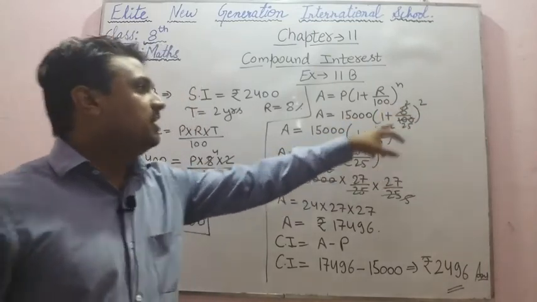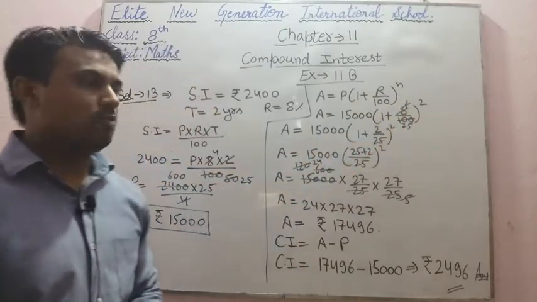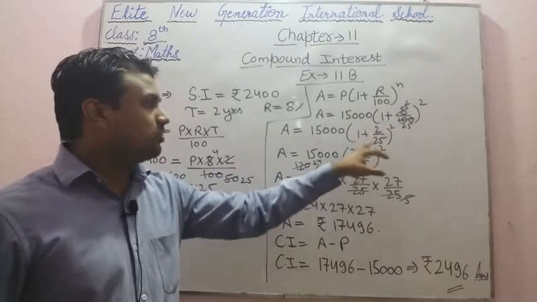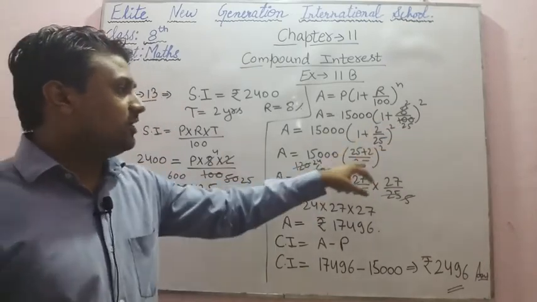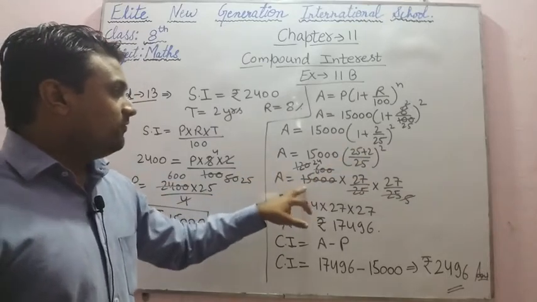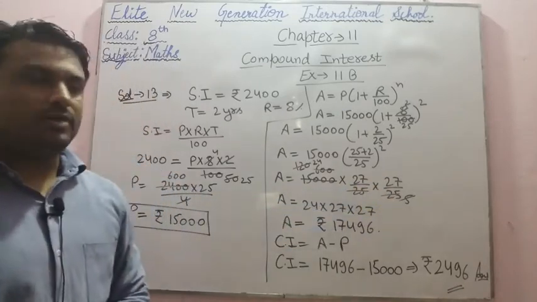By solving it, it can be cancelled by the table of 4. Now by taking LCM, 25 into 1 is 25 plus 2, so it will be 25 plus 2 upon 25, which is 27 upon 25. So we can write 15,000 into 27 upon 25 into 27 upon 25.